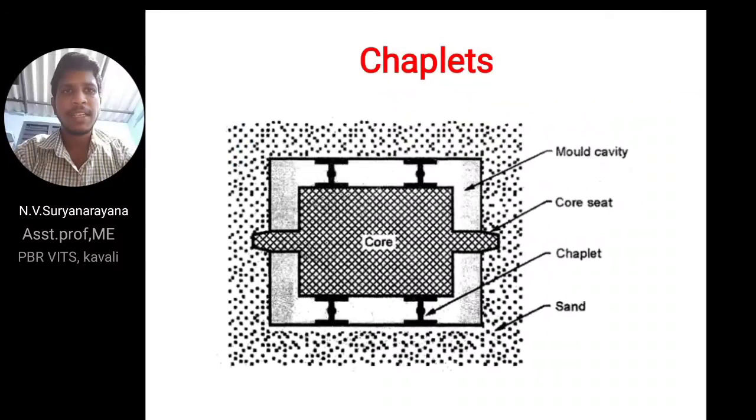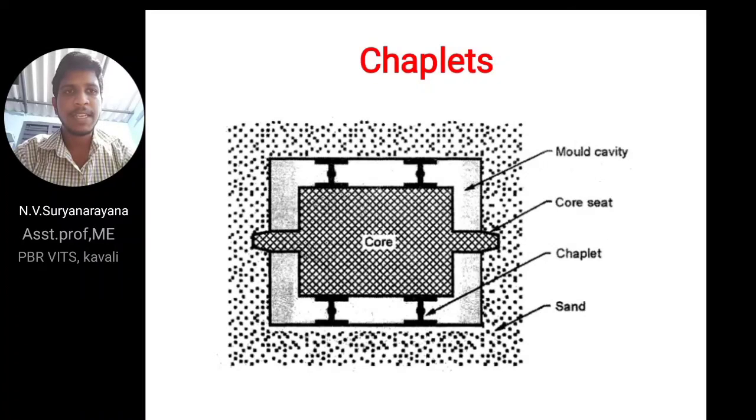in this figure, I am showing the chaplets. Below and above, I am showing the chaplets. Due to displacement from changing one position to another, defects occur in vertical axis movement.